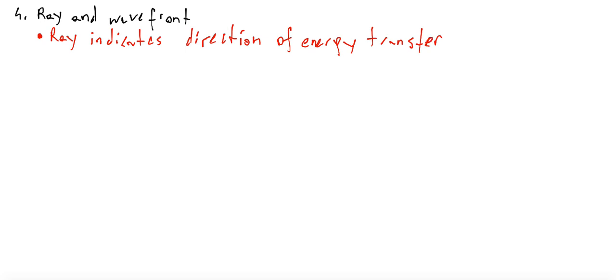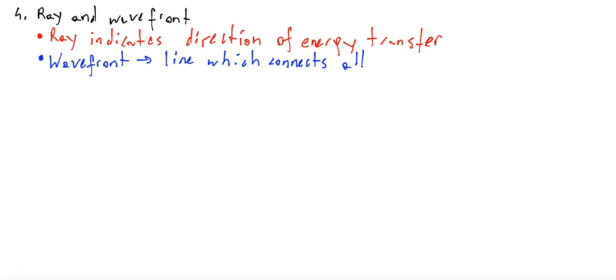And what is a wavefront? A wavefront is a line which connects all points moving together.